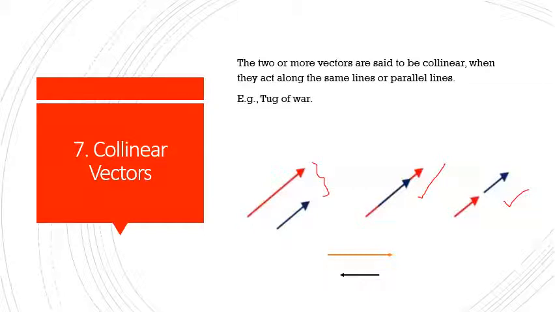Two vectors A and B are parallel to each other. And look at the third diagram, they are parallel to each other but specify opposite directions. This kind of vectors are called collinear vectors. They may have equal or unequal magnitudes. I repeat, two or more vectors are said to be collinear when they act along the same line or parallel lines.